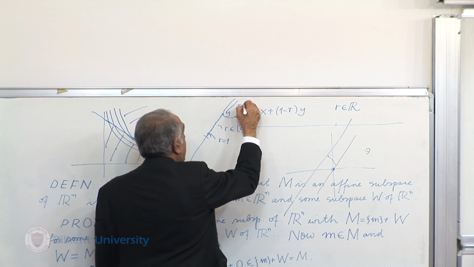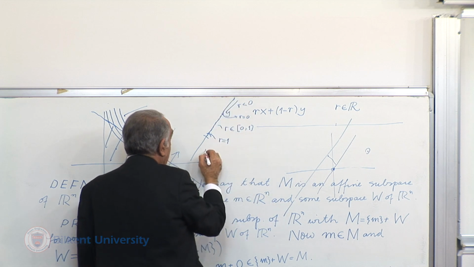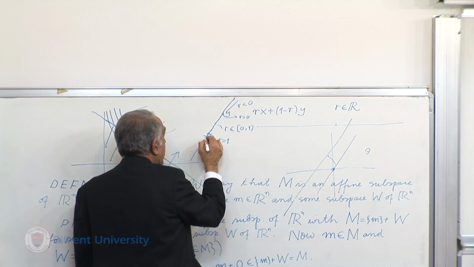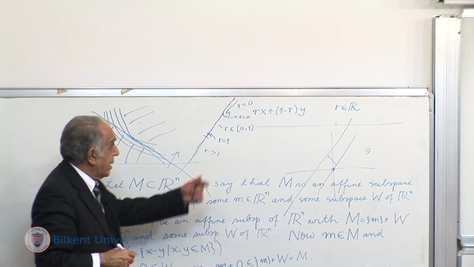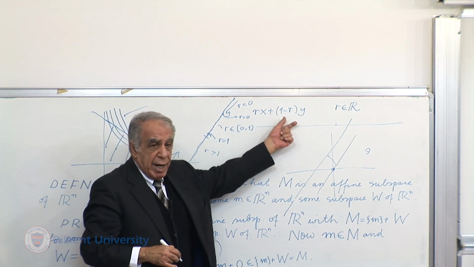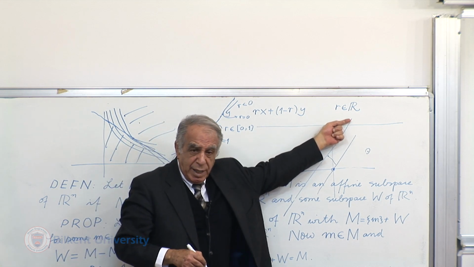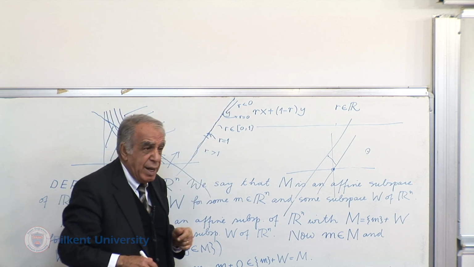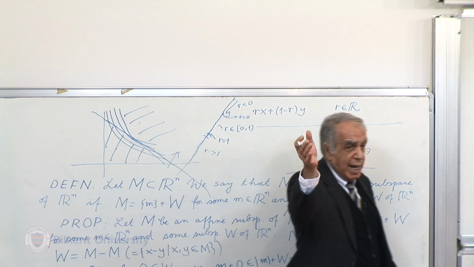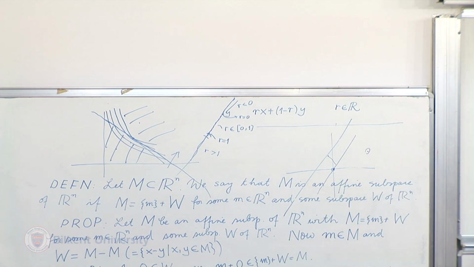When r is less than 0, you get this portion. And when r is larger than 1, you get this portion. In fact, rx plus (1 minus r)y, no matter what real number r you take, will lie on the line passing through x and y, and any point on that line has a representation of this form for some r.